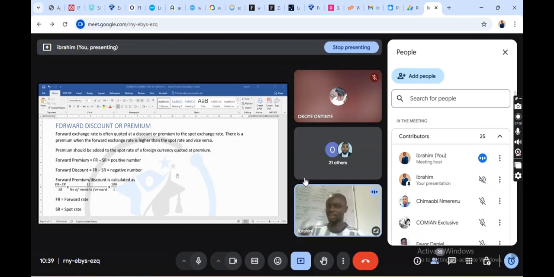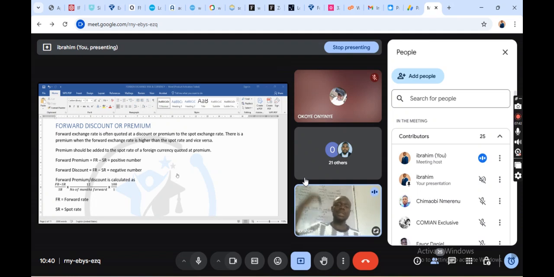This is very important. Now, the forward discount or premium, if you want to determine the forward rate: the forward rate is often quoted as a discount or premium to the spot exchange rate.